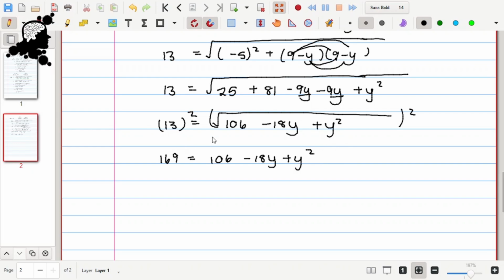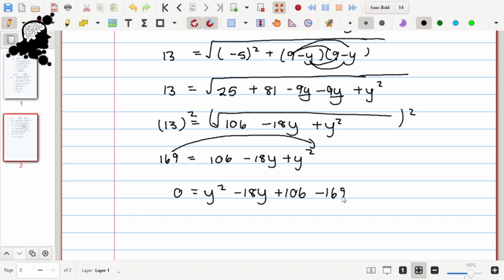Now I'm solving for y. This is a quadratic equation. First, I need to take the 169 over to the other side. So 0 is equal to, let's write the equation in standard form, y squared minus 18y plus 106 minus 169.